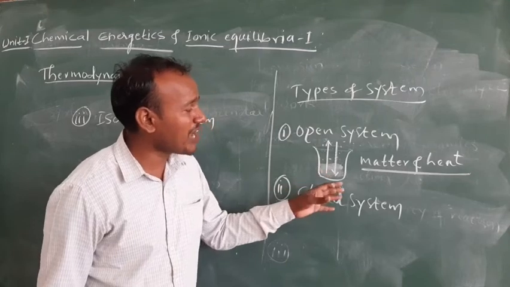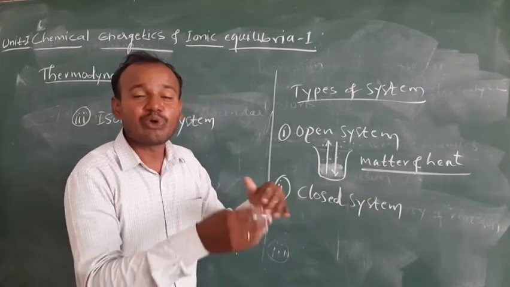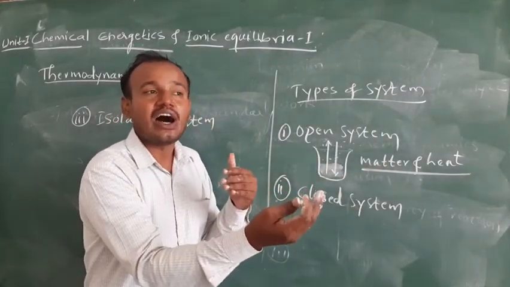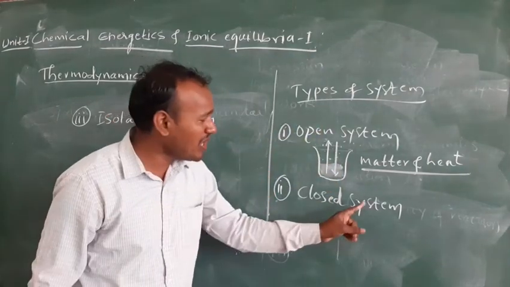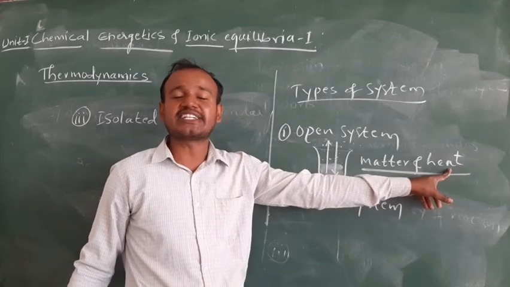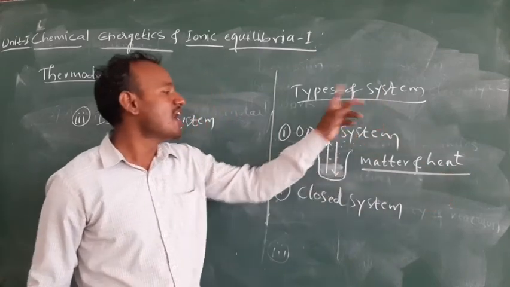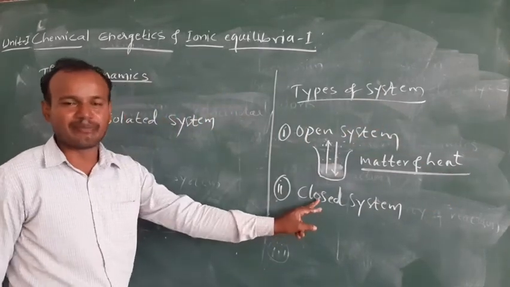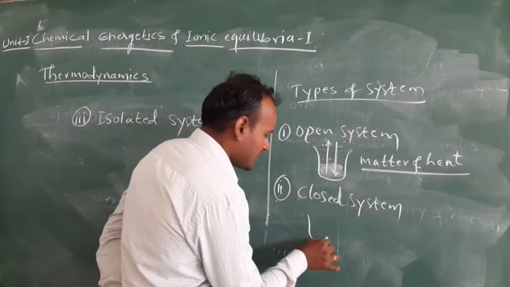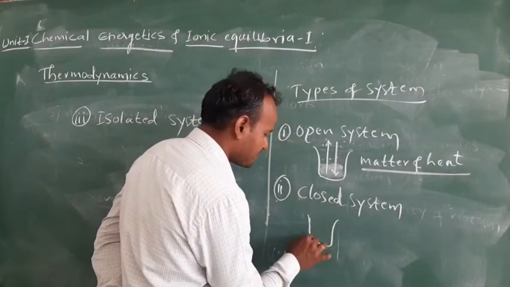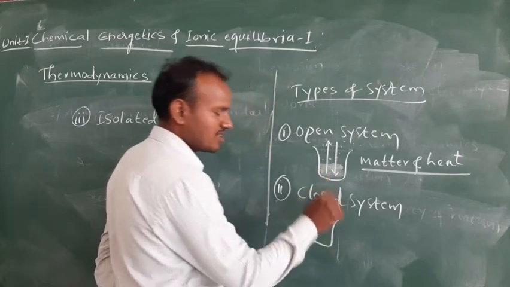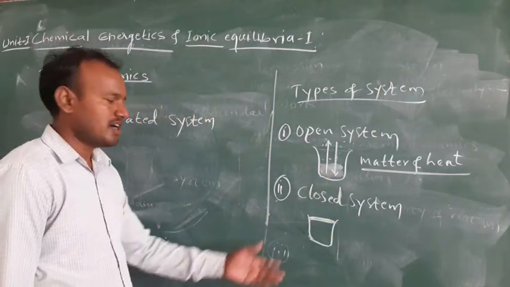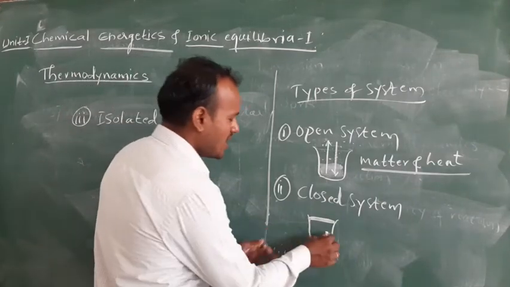So the name itself says closed. Something is stopped from exchanging. Matter will not go into the surroundings, nor will matter from the surroundings enter the system, but only one thing will exchange here, which is heat energy through this boundary. It is called a closed system. Say we close this beaker with a lid.